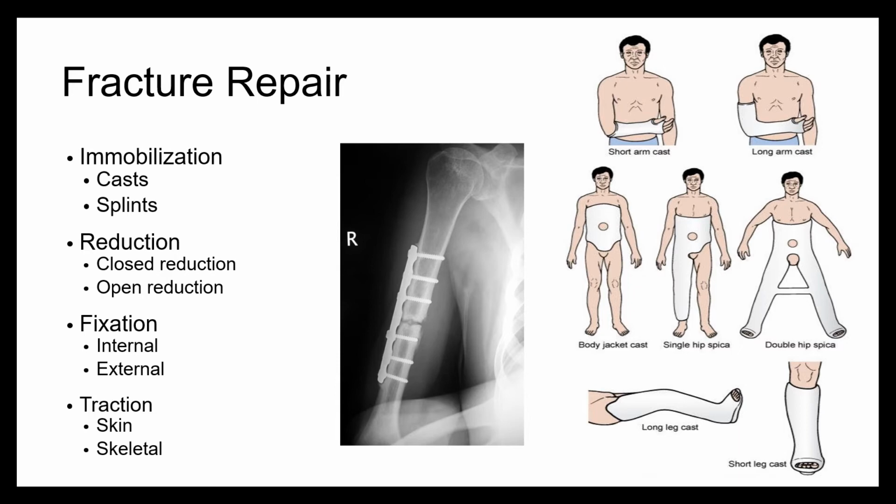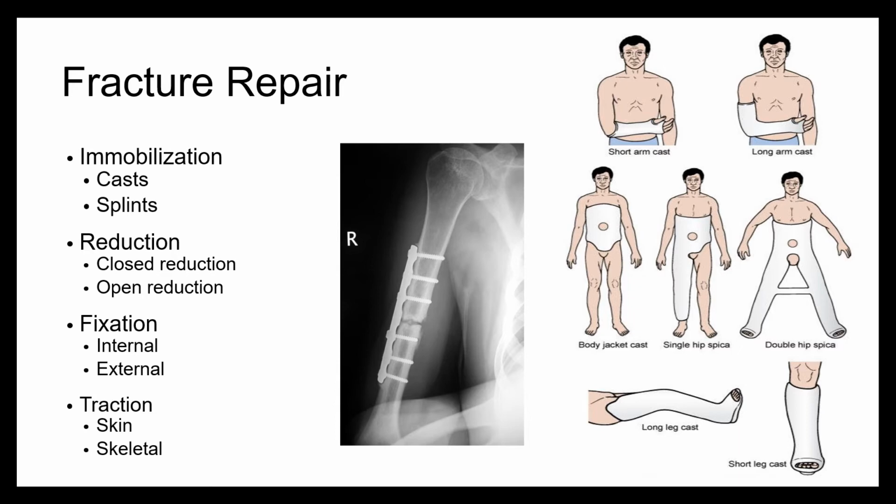However, they may give some general or local anesthesia, and they will use traction or manual pressure or a combination of the two to manually realign the broken ends of the bone. After they use a method of closed reduction, they would want to take x-rays of the fracture and make sure that they got the bone in proper realignment before applying the cast.